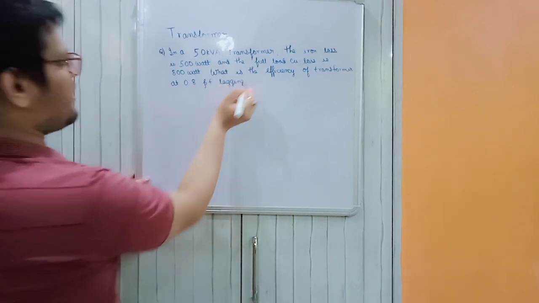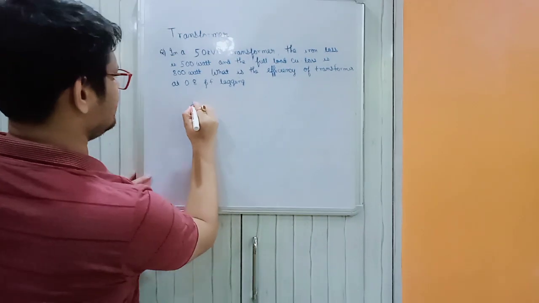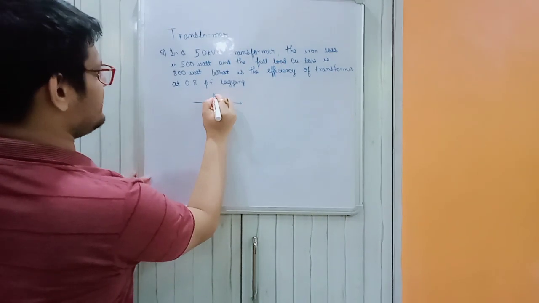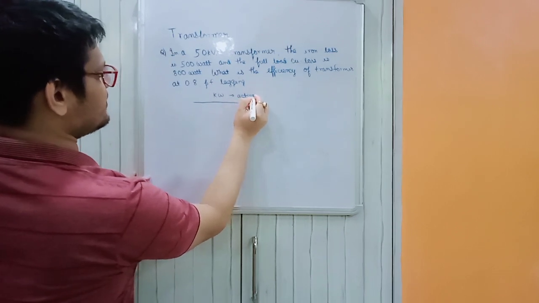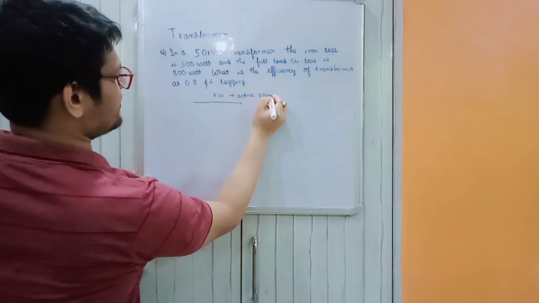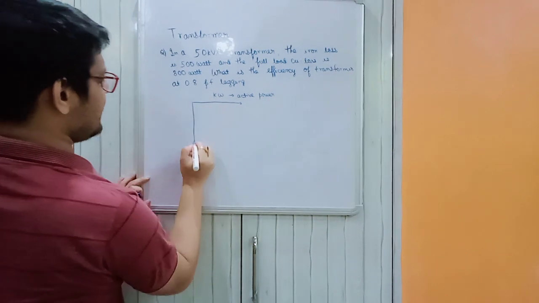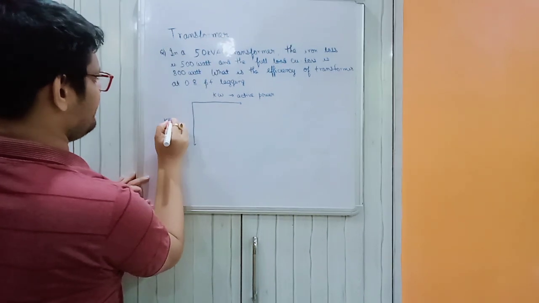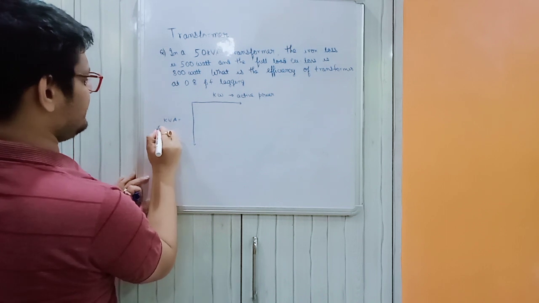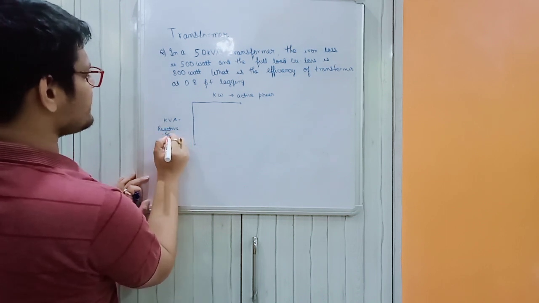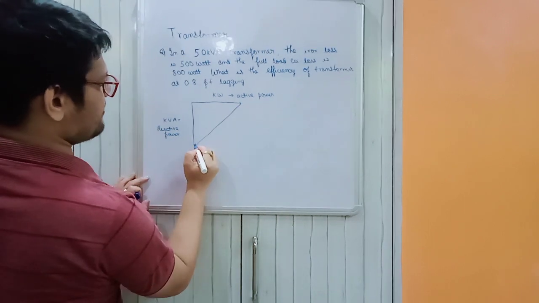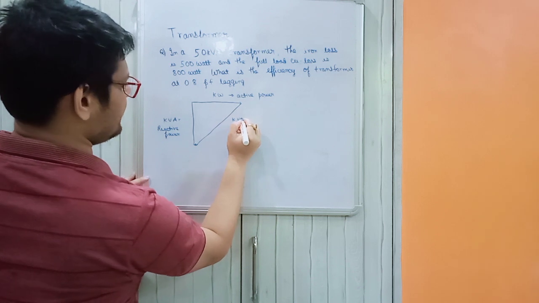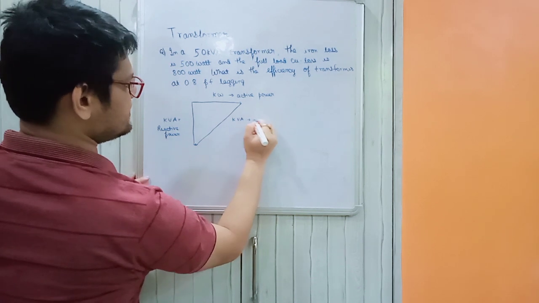So we go to the power triangle of the transformer. This is kilowatt, nothing but the active power, and this is the reactive power, that is kVAR, and this is the apparent power, kVA.